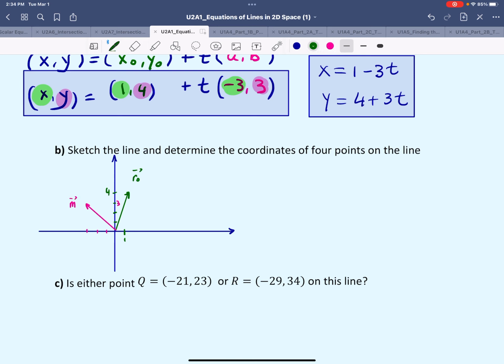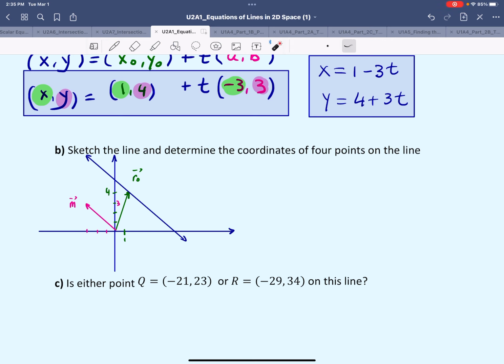So we'll say that the line must pass through r0 and must be parallel to vector m, because it must follow the direction of vector m. And here is the line. I will add an arrow at both ends of the line because the line never ends, right? At both ends. So next, our job would be to determine the coordinates of 4 points on the line.